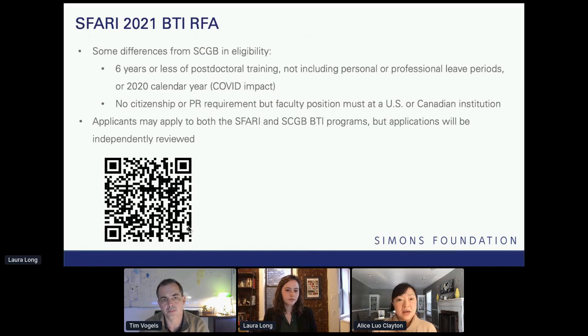You need to have 6 years or less of postdoctoral training, but this of course does not include any pauses that may be related to personal or professional leave periods. And given how COVID has impacted all of us, we're not counting the 2020 calendar year towards that cap as well. And just like SCGB, there is no citizenship or permanent resident requirement, but the faculty position does need to be at a US or Canadian institution.